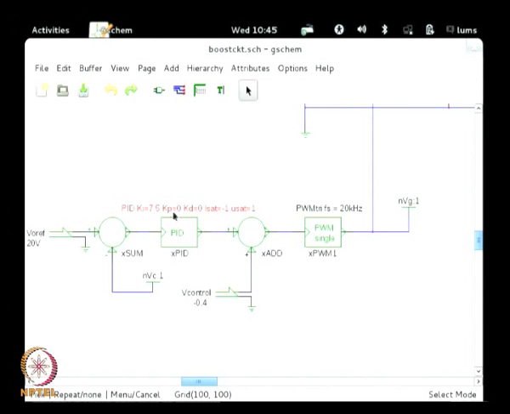Remember that we had kept Kp equal to 0, Kd equal to 0 and found out Ki as 7.5. You could include the zero in the control structure and try it as homework, find out the response for different values of Kp and see how the response improves. But let us just try it out with what we did in the last class.